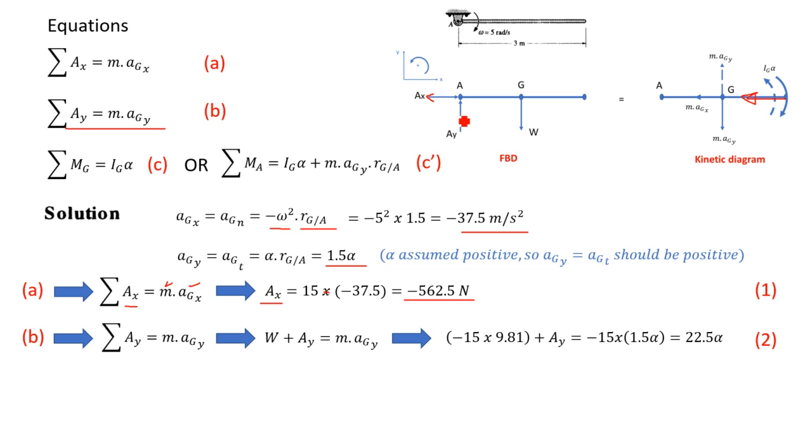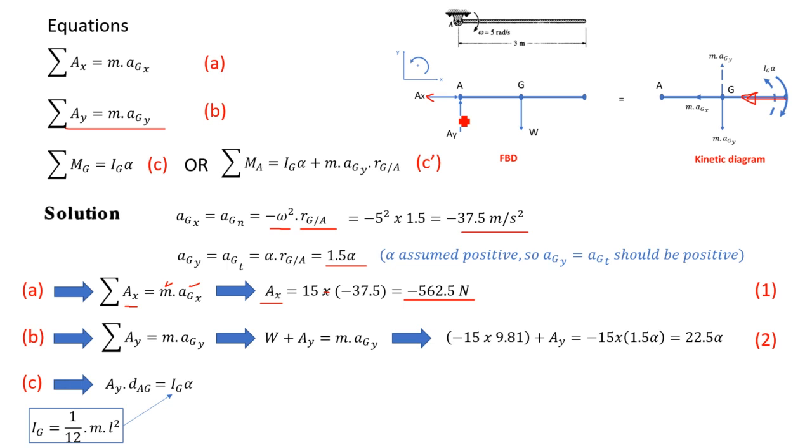So we start with the moment equation. The first equation I said is that the moment around the point G is going to be equal to the MMI about the point G multiplied by the alpha. The MMI, as you remember, is going to be the mass of the rod multiplied by its length squared divided by 12. We did that last week.